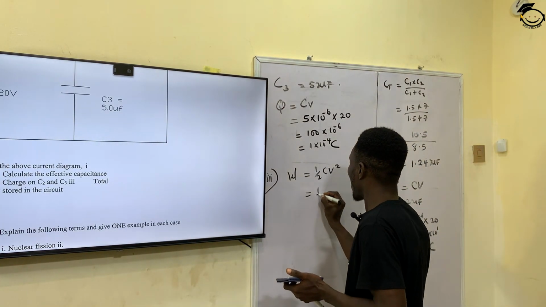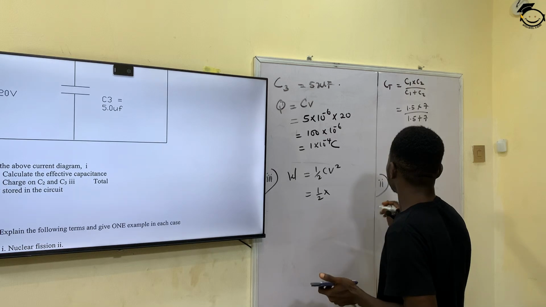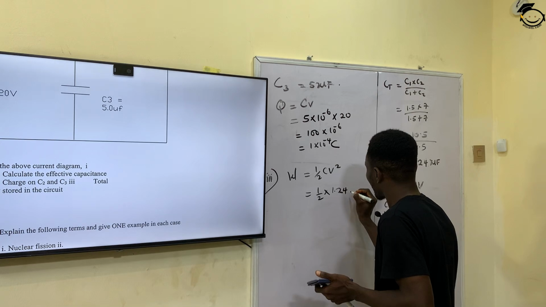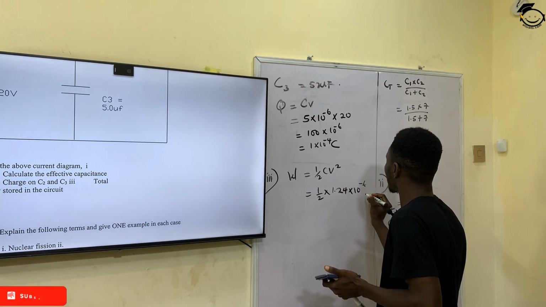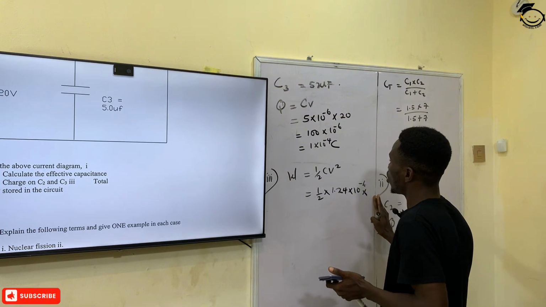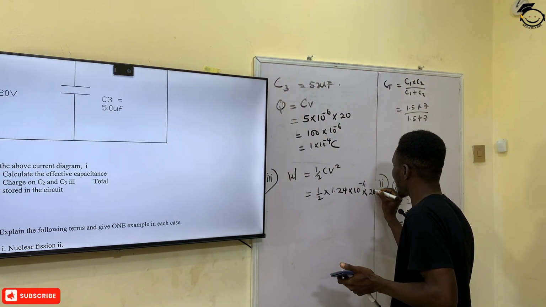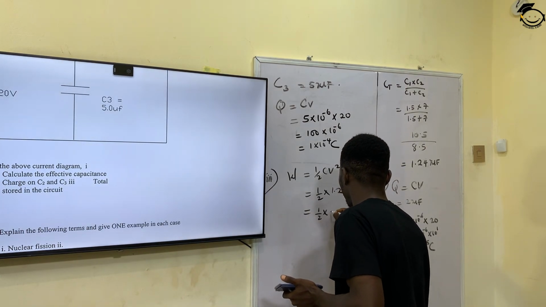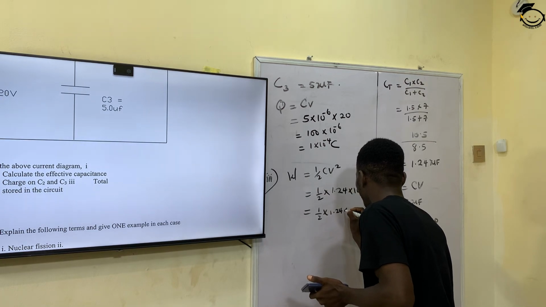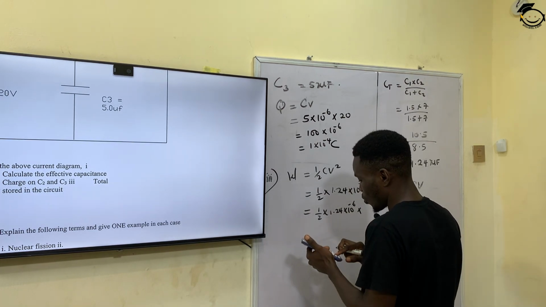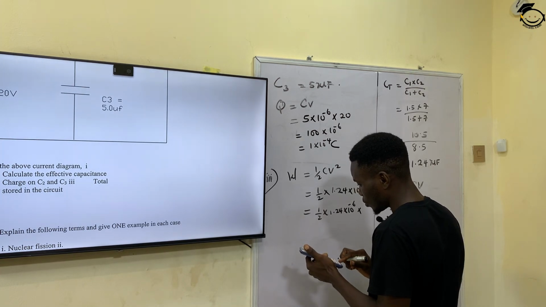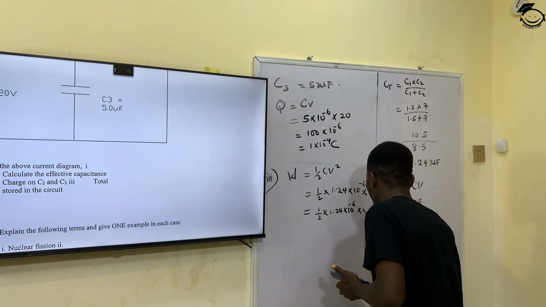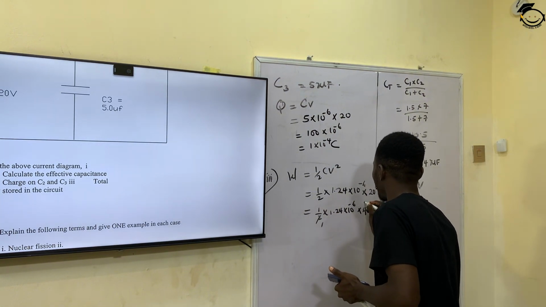So this will give me 1/2 times my total effective capacitance, which was 1.24 times 10 raised to power minus 6, times my total voltage, which was 20, so I have 20 squared. 20 squared is 400, and half of that is 200.